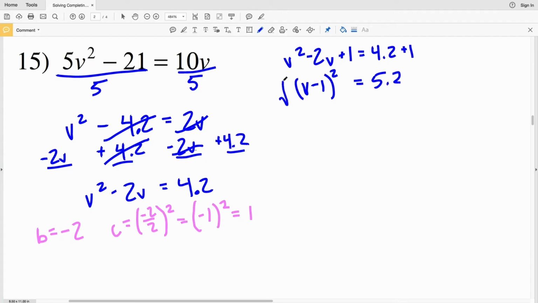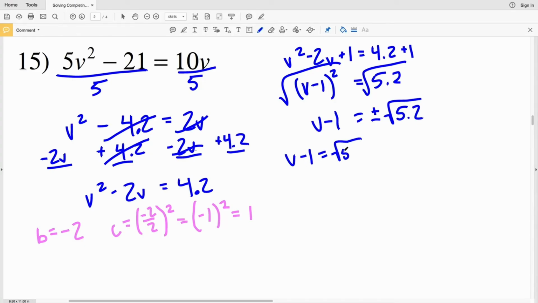Now I'll take the square root of both sides. So I'll get that v minus 1 equals positive or negative square root of 5.2. So v minus 1 equals the positive square root of 5.2, and v minus 1 equals negative square root of 5.2. So I'll add 1 to both sides of each of those equations in order to solve for v.